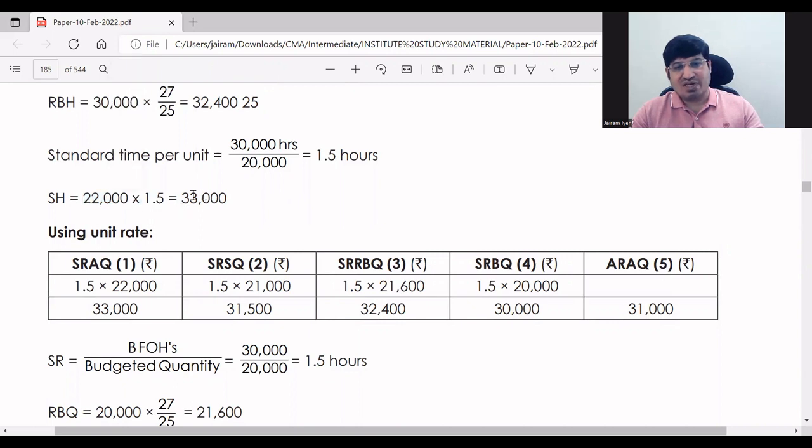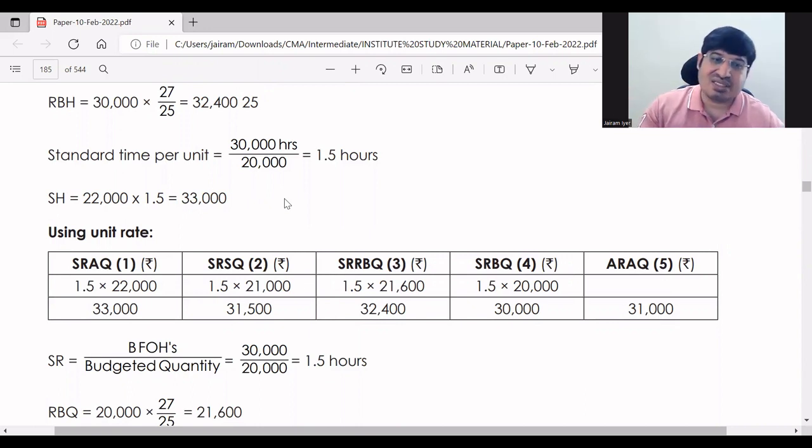When you multiply the two, you will get answers in rupees, not in hours. So basically 33,000 is nothing but SR into SH. Okay, so it is the standard cost of actual quantity.